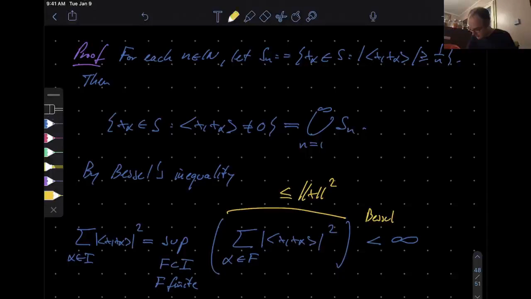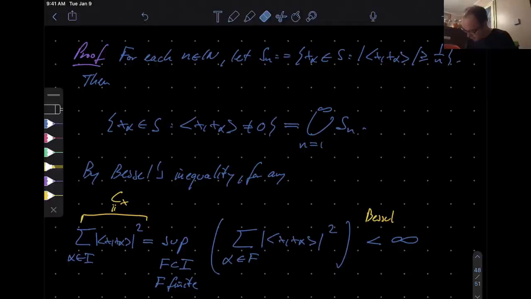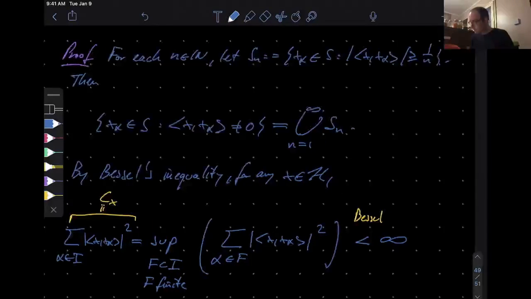Let's call this quantity here Cx. So this is finite for any fixed x. Let's write this down. For any fixed x, I have this.